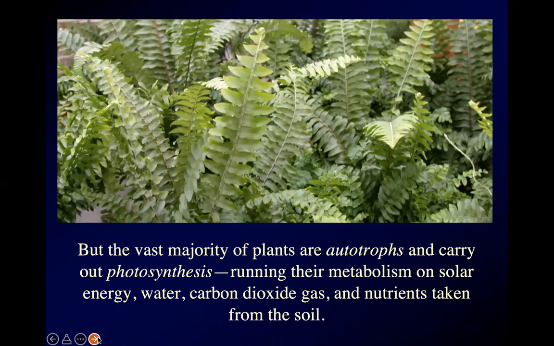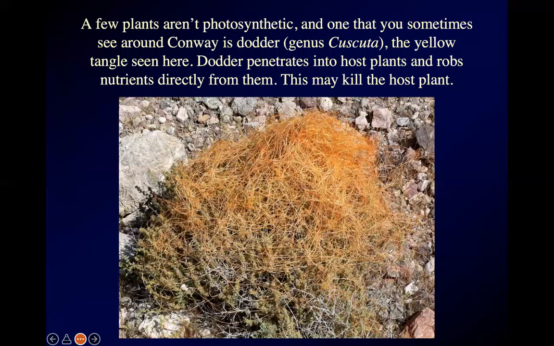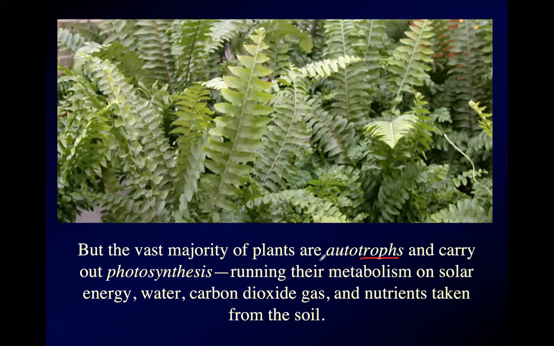But the vast majority of plants are photosynthetic. They are, this is a word we used on Wednesday, autotrophs. Troph meaning to feed, and auto meaning self. They are self-feeders.